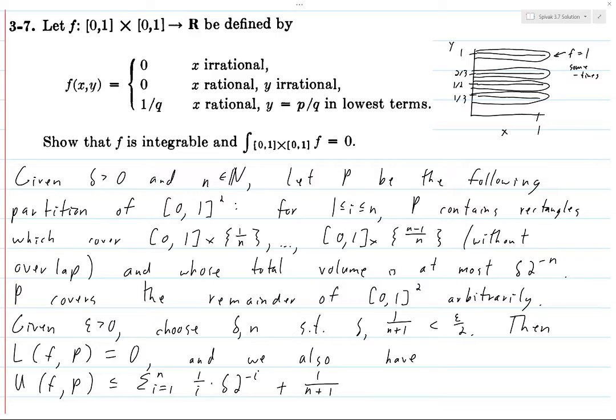Oh, well then it's actually easier to prove this. Because look, we factor out the 1 over i, which is going to be less than or equal to 1, and we can pull the delta out front. So we have delta times the sum from i equals 1 to n of 2 to the minus i.